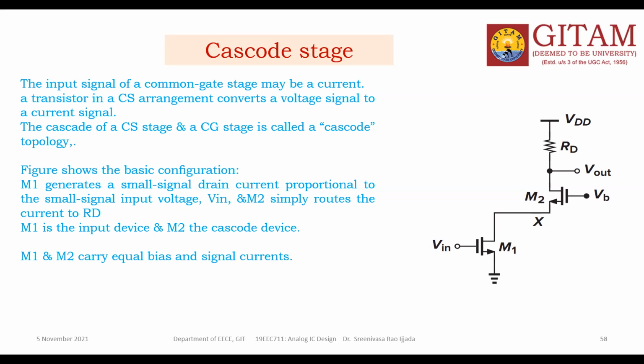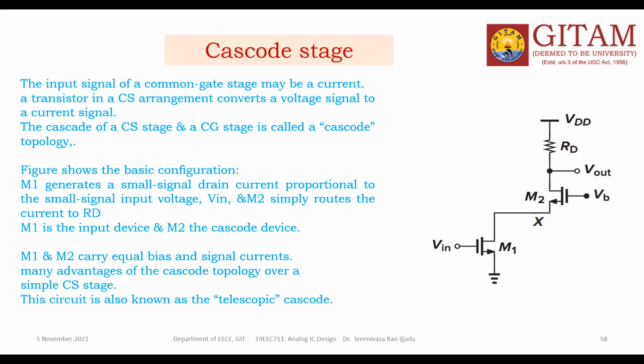Analysis means nothing more than finding the voltage gain and resistances both at input and output sides. And one more thing I shared in the last class: this type of configuration is called the telescopic. Why is it called the telescopic?